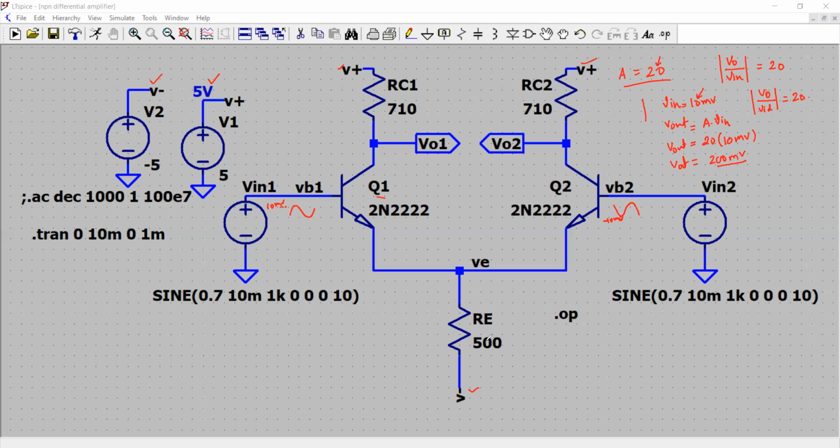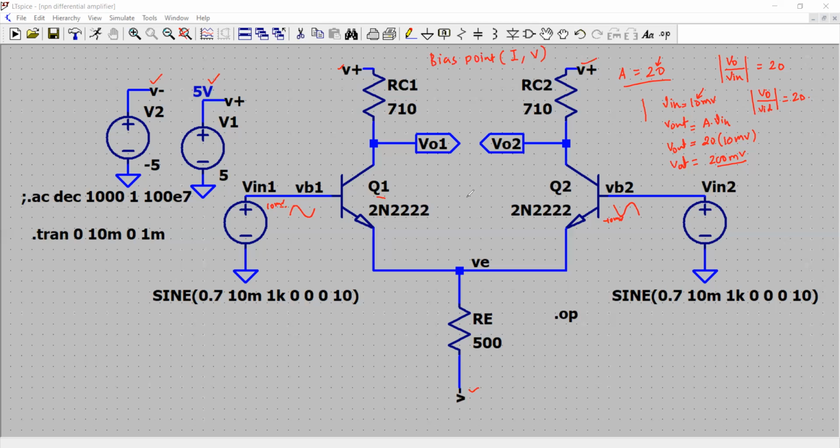The first task is to calculate, based on the equations and formulae, the bias point of the circuit, because this is also called the DC operating point. So it is about calculating the currents and the voltages that will flow into the circuit.